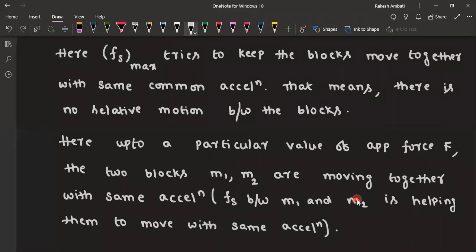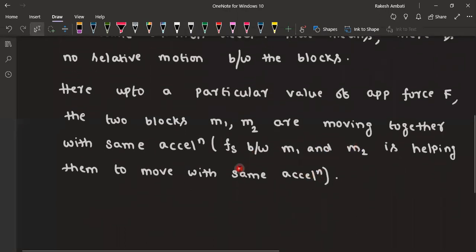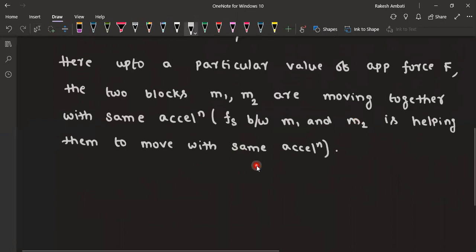So up to a particular value of applied force, the two blocks are moving together with the same acceleration.